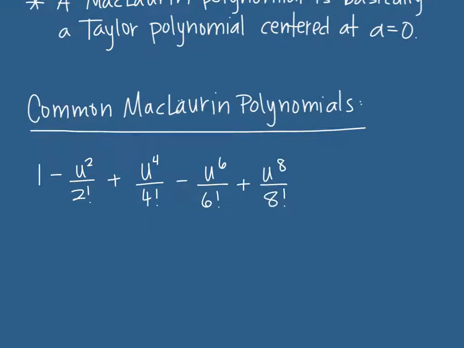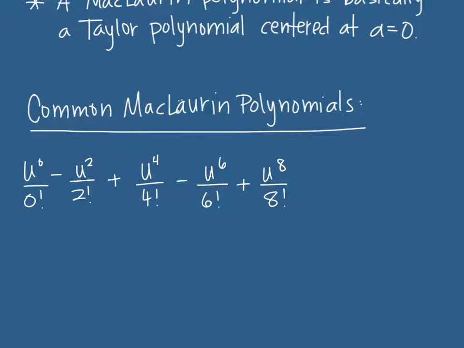Do you see the pattern? What is the pattern of the powers? They're all even. The pattern of the factorials? All even. Would that pattern fit with the first term? Could I replace 1? It would be u^0 over 0 factorial. So it would totally work.